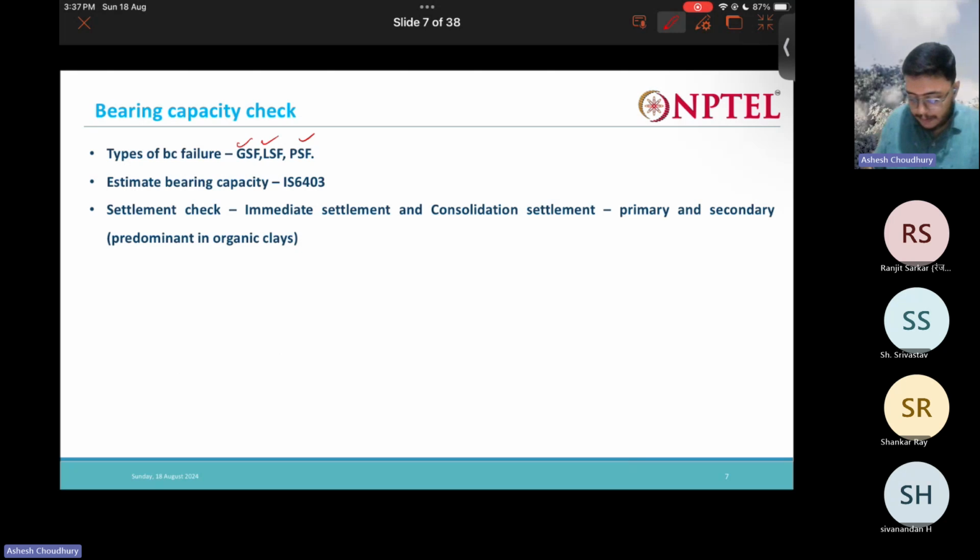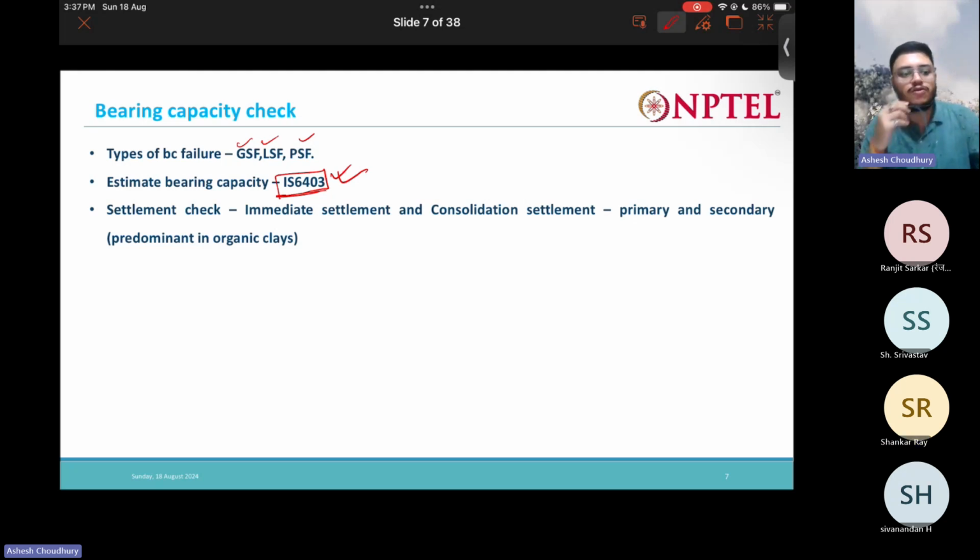Now, for the estimation of bearing capacity, all of you might be knowing this code, very important, IS 6403. This is the code that we use for the calculation of bearing capacity, and to check the settlement we have the immediate settlement calculation and the consolidation settlement.